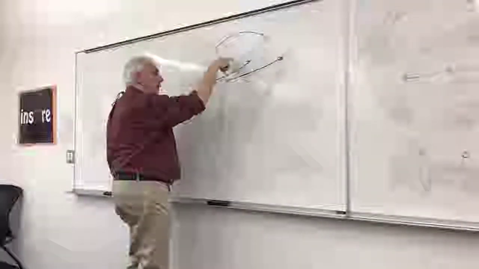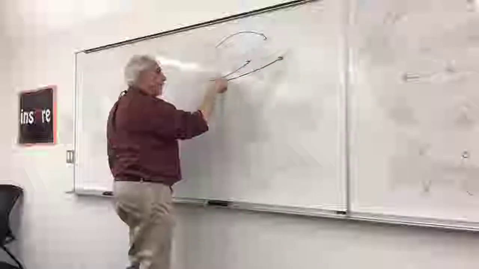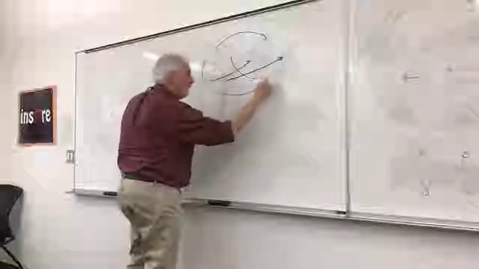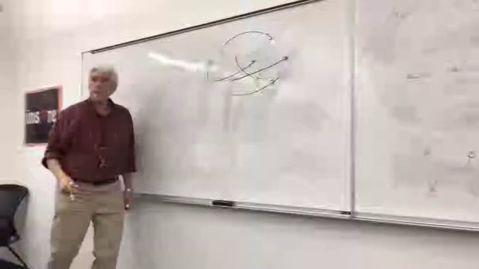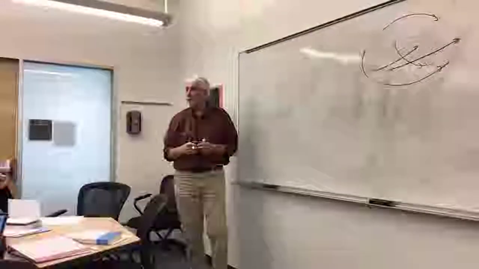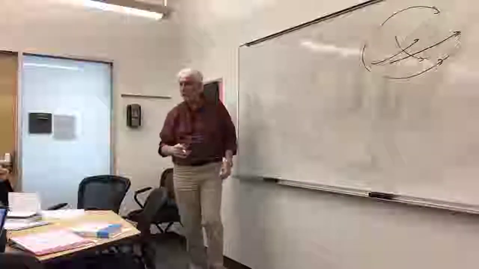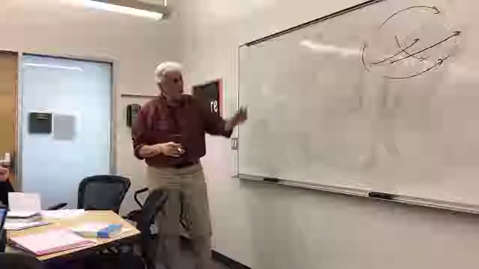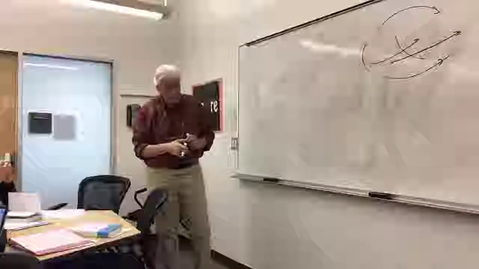I can't map this one here because it's adjacent to this vertex. So I'll map this here and that there. So they're isomorphic. Is that clear? You need to convince yourself that I've got an isomorphism between these two graphs.